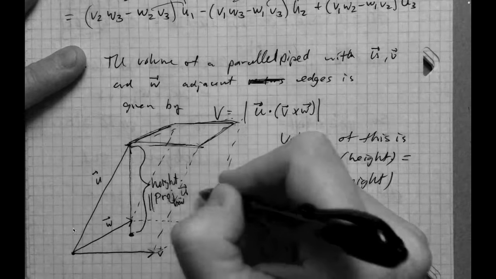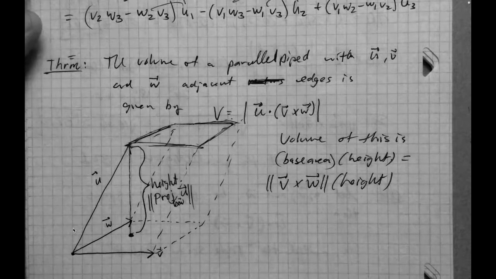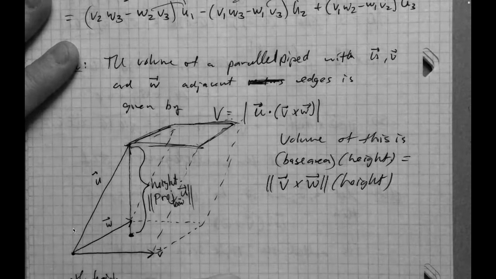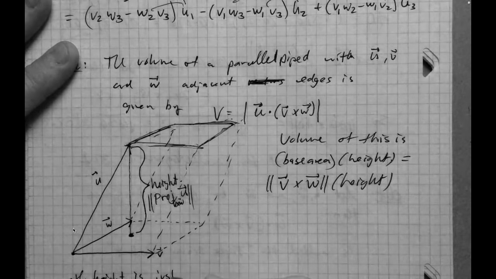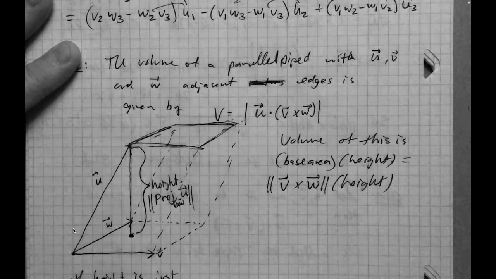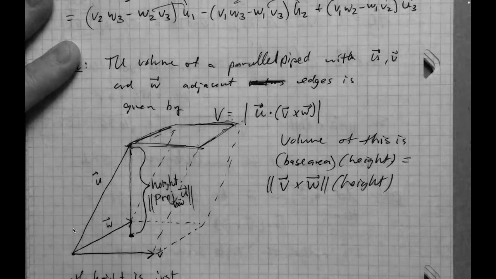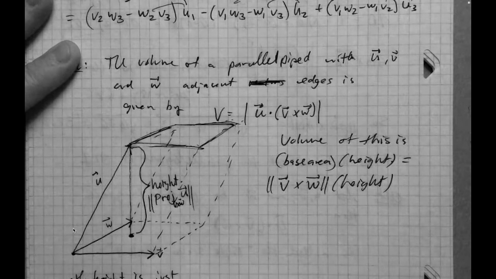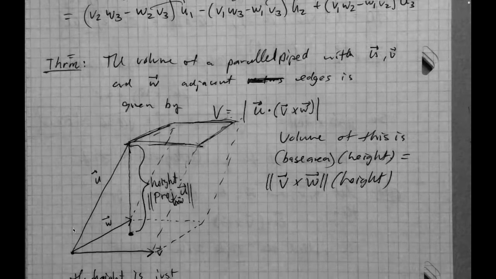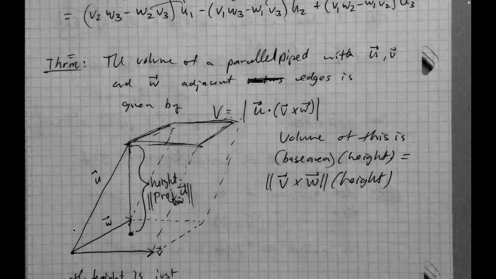And of course, that's a vector. So the height is just the norm of the projection of u onto v cross w, that's a length, the length of that projection. Does that make sense?